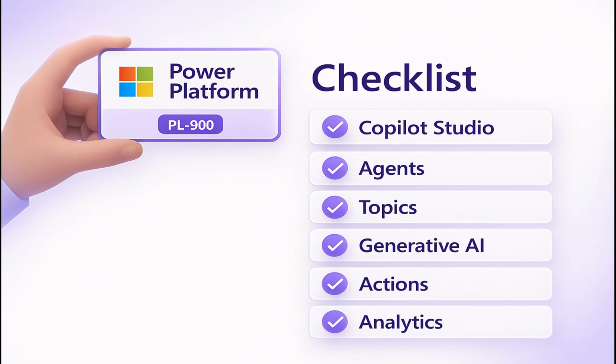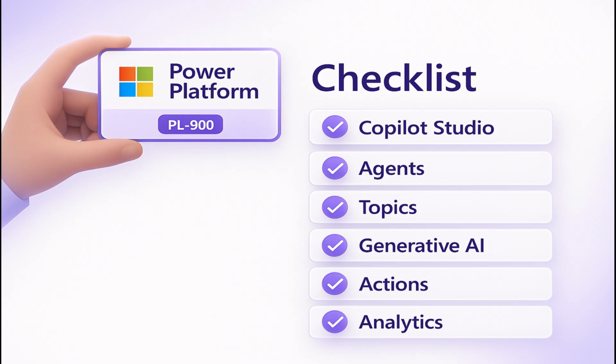Now here is the summary. So for the PL-900 exam, remember, Copilot Studio replaces PVA, which is Power Virtual Agent. Then an agent is an AI assistant powered by LLM plus data. The third one is topics equal organized conversation flows. Actions are the integration and the automation.